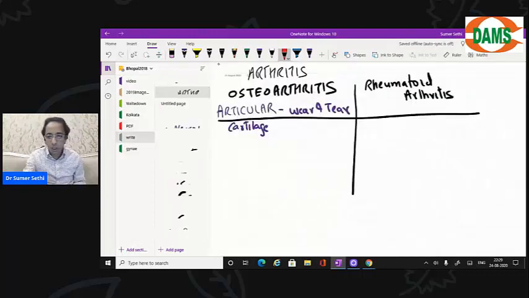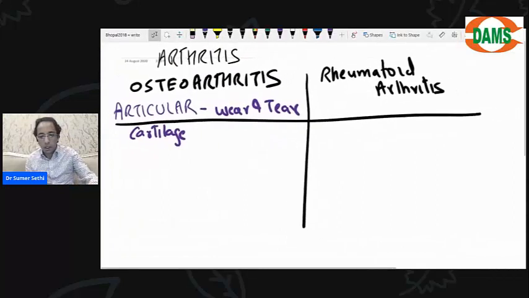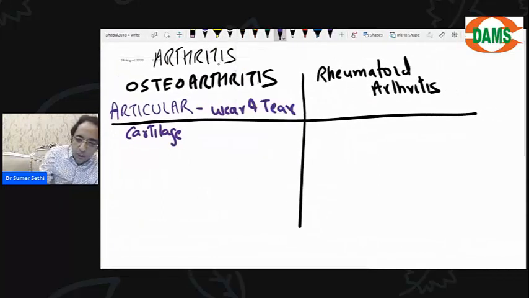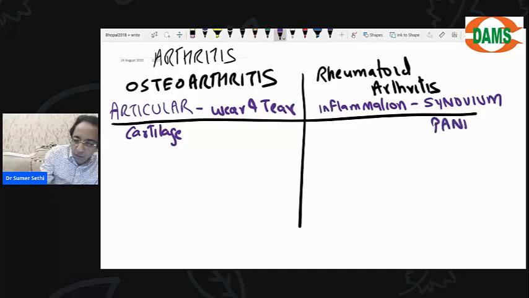Now I'm coming back to the original diagram again. On the other hand, rheumatoid arthritis represents the immune-mediated inflammatory disorder of the synovium. Inflamed synovium in pathology is called as pannus. Any autoimmune disease, any immune-mediated disease will lead to immunity acting against our own body part, and that will lead to inflammatory changes.